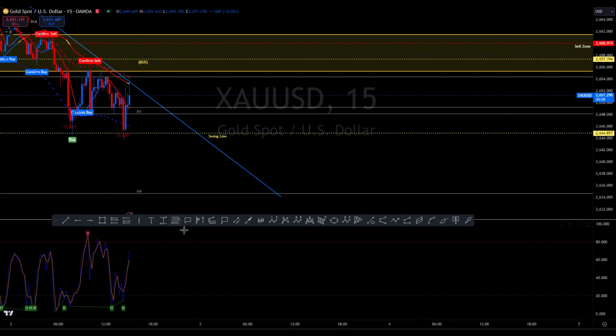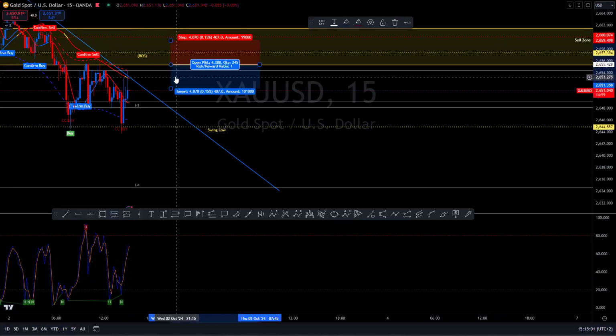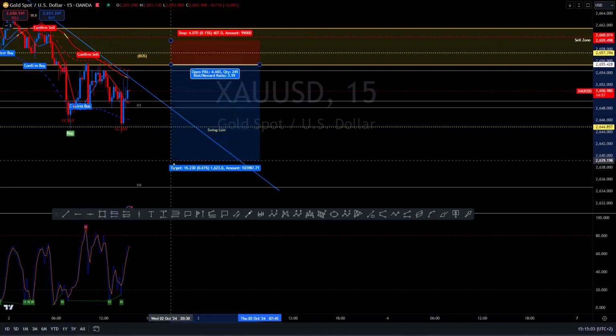All right, so the 9:15 candle is about to close. Since we're in an overall bearish trading range, I'm looking to do a short position.